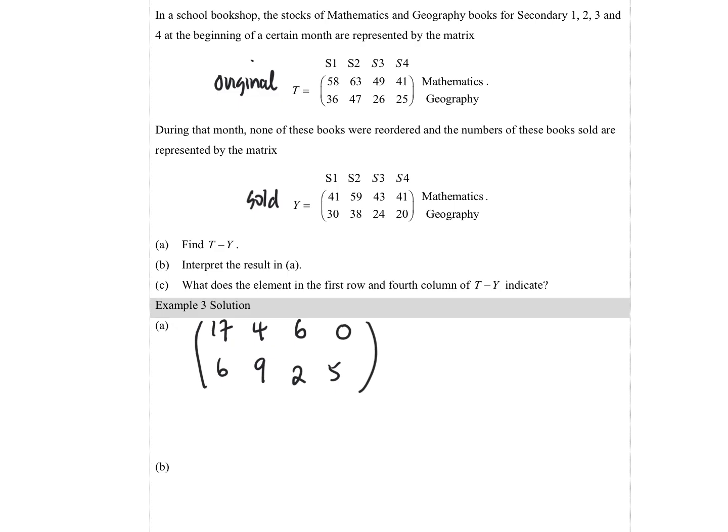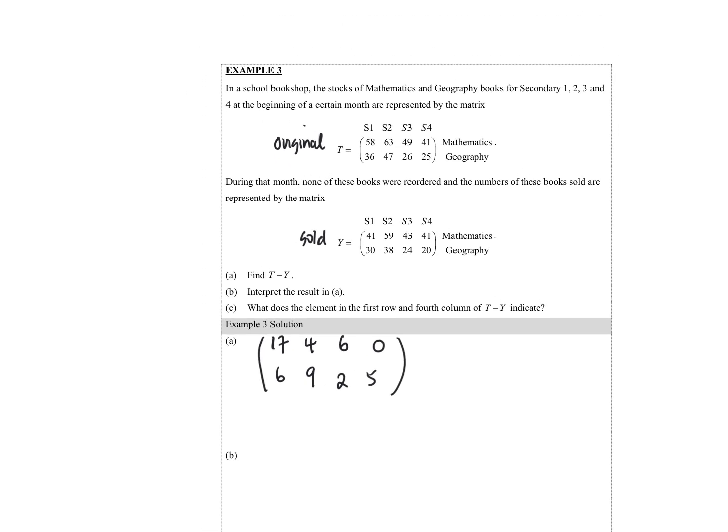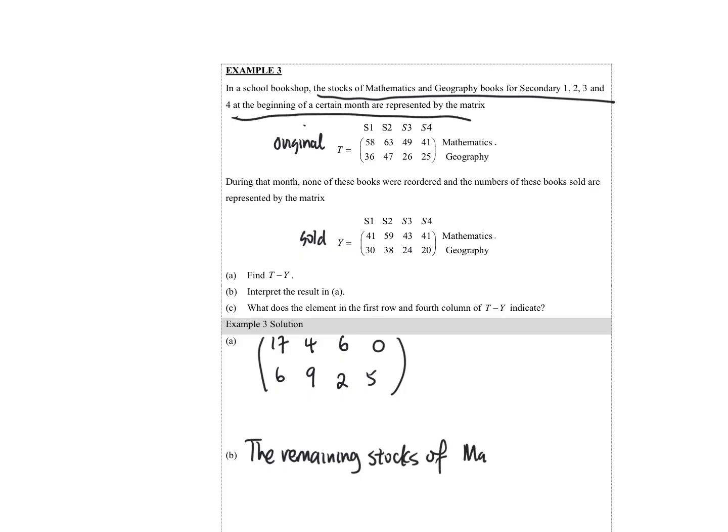Okay, so we follow this one: use the words that came from the question and paraphrase it. So you can say the remaining stock of math and job books for set 1, 2, 3, and 4 in the bookshop after the sales.